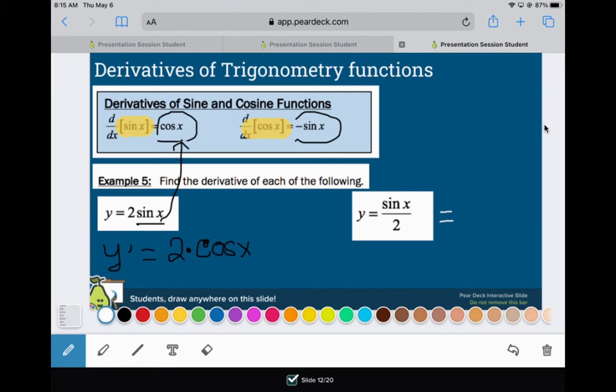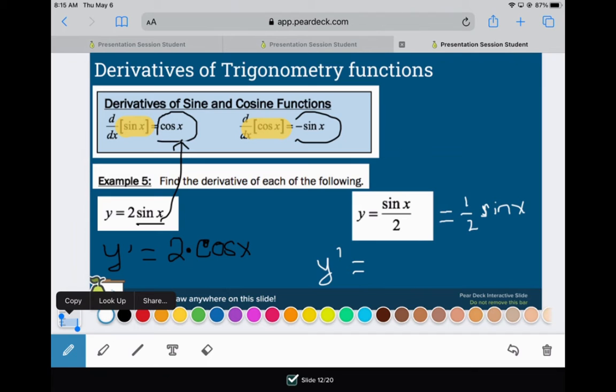Okay, so in here, I can rewrite this as 1/2 sine. That's easier for me to see and figure out how I would take the derivative. Can someone guess what will be my derivative of this one? The first one I had is 2 sine, and it turned into 2 cosine. Now I have a 1/2 sine. What would be the derivative of this?